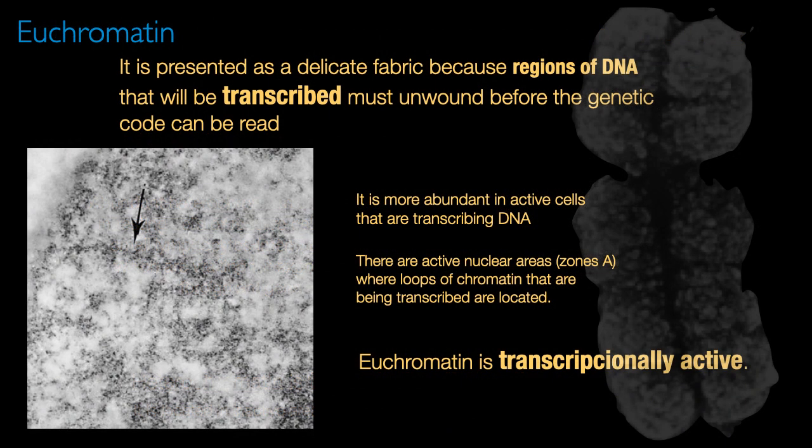All right, so the opposite is euchromatin, which is transcriptionally active. In other words, this is being read for transcription or duplication before cell division. Not all DNA is copied at the same time. The nucleus has zones, which we call zones A, where DNA moves to be transcribed.